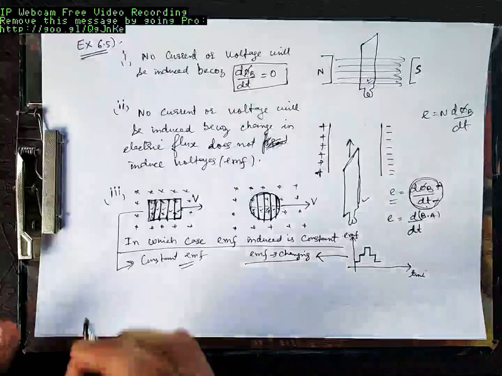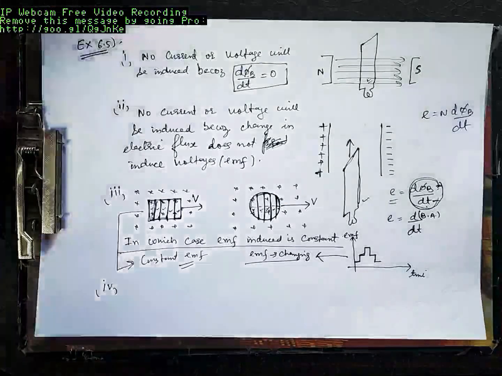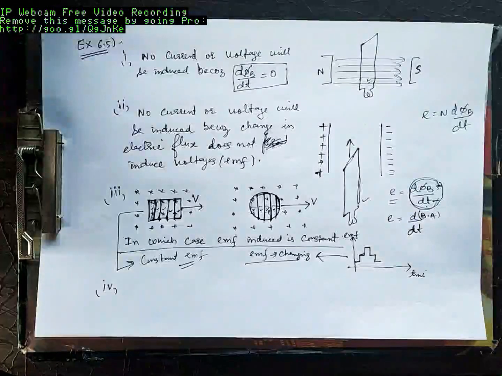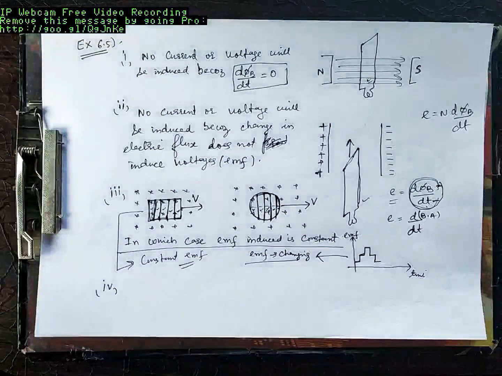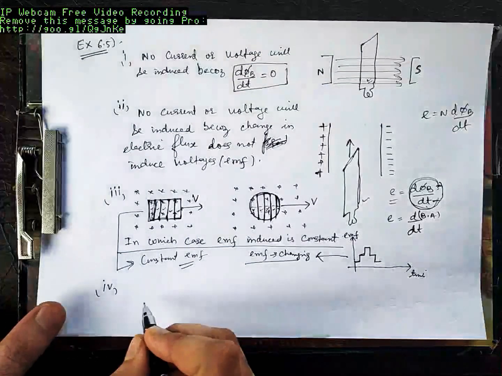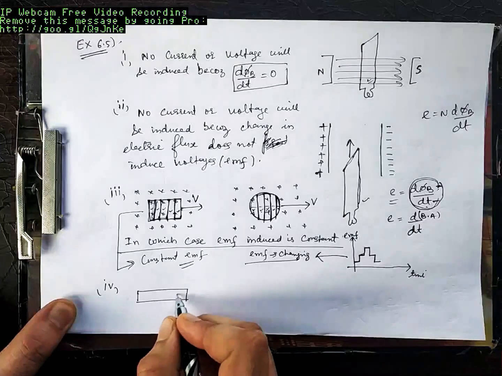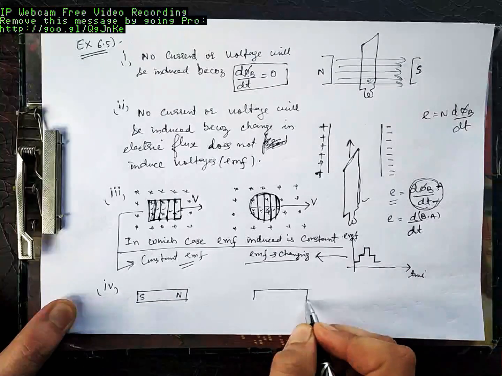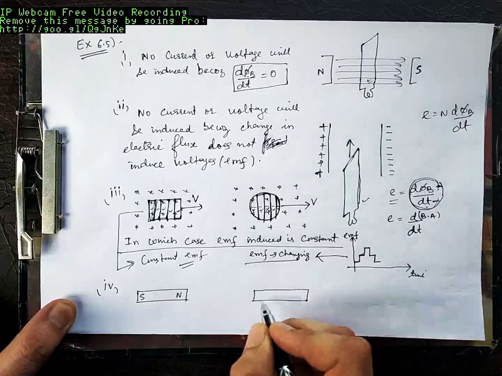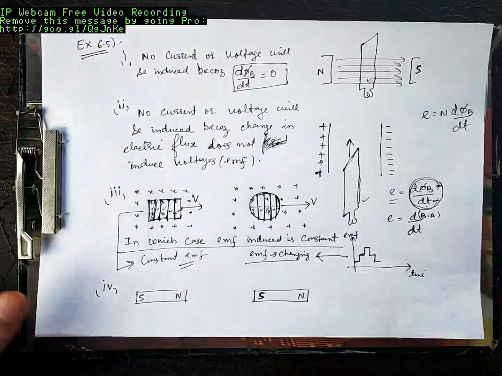Then the fourth part. You have a north and south pole on this side. You have a magnet with south and north pole on this side.